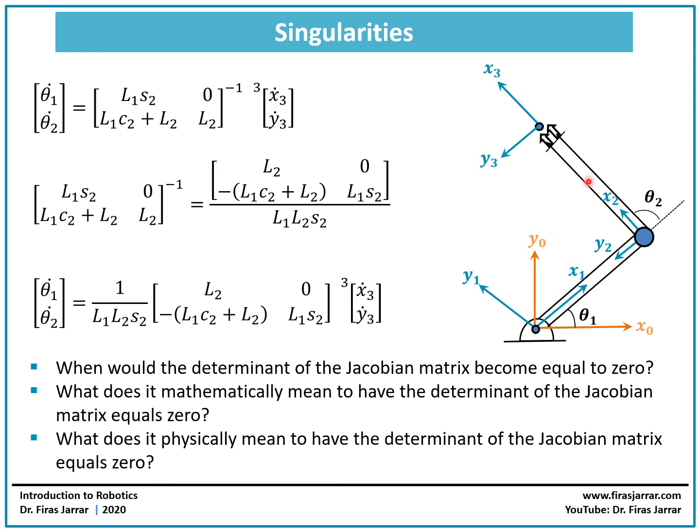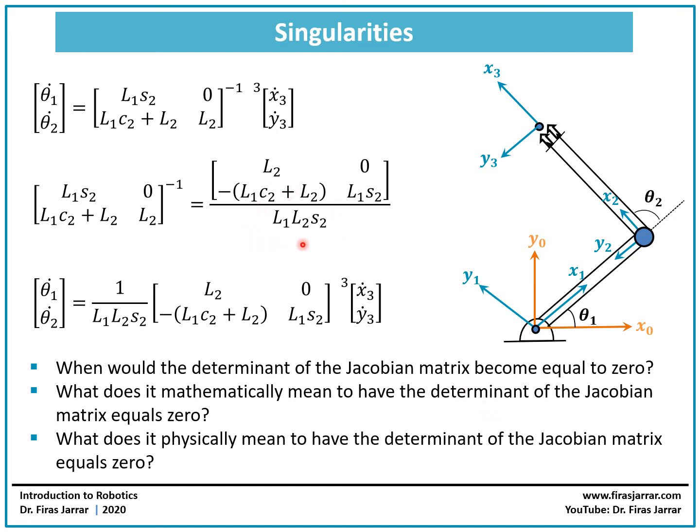So two cases: one for theta 2 equal to 0 and one for theta 2 equal to 180. So we answered the first question. The second question would be: what does it mathematically mean to have the determinant of the Jacobian matrix equal to 0?